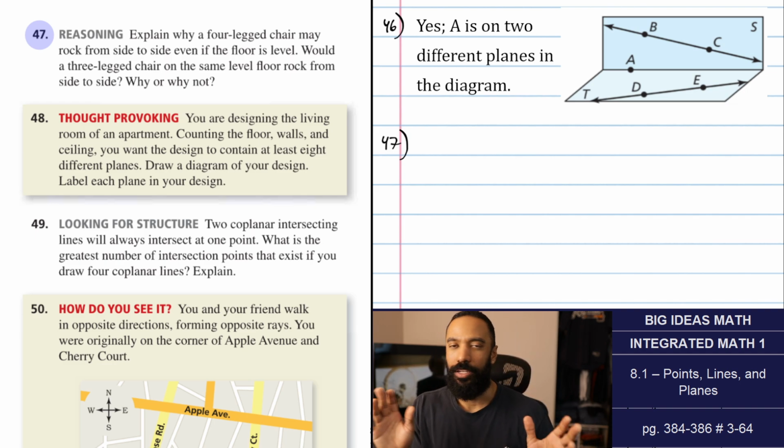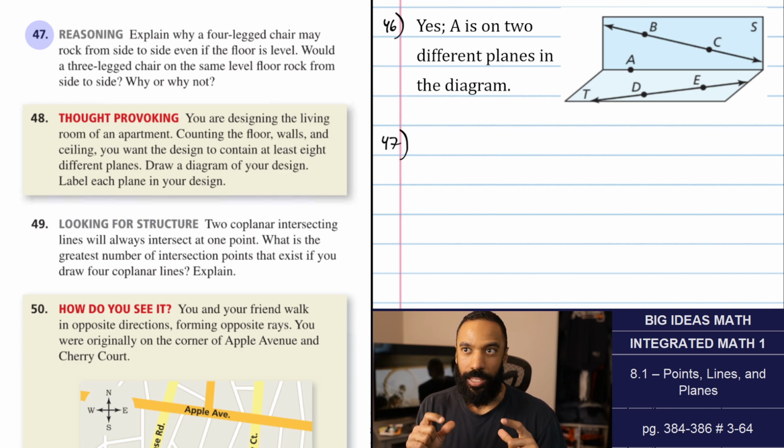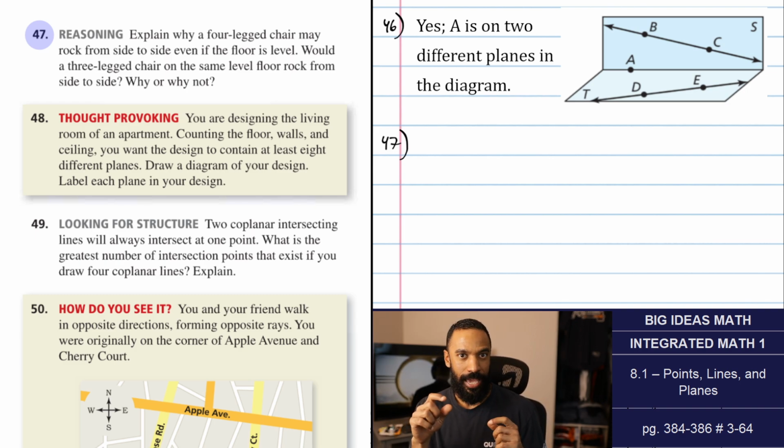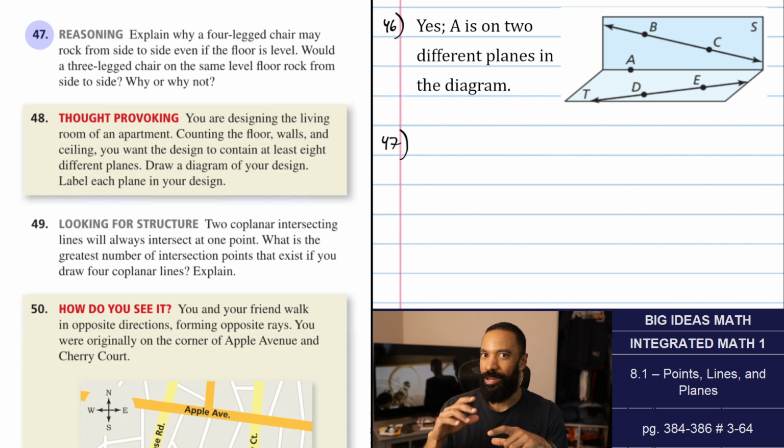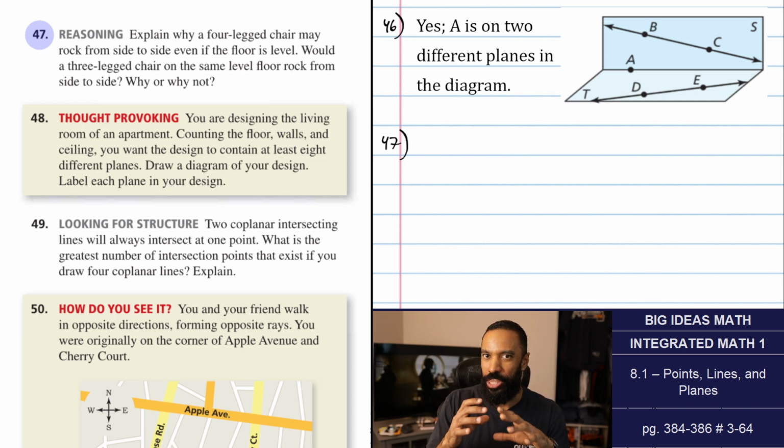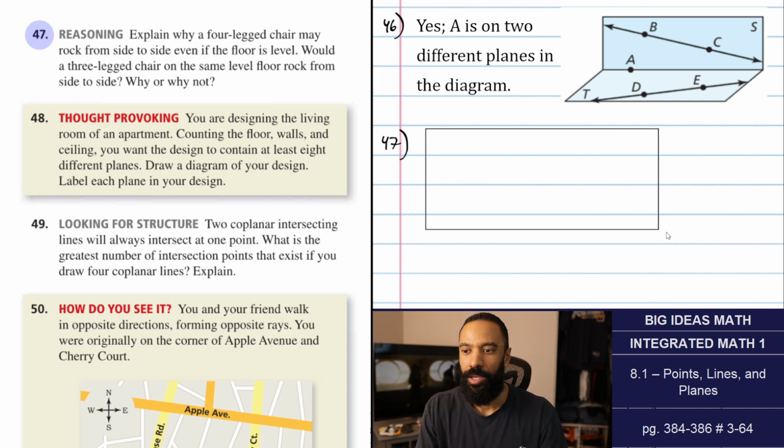Because any three non-collinear points will make a plane. They can always lie on that plane together, whatever they are. But that fourth leg, in conjunction with those other three, might not be the same length and on that plane with them.